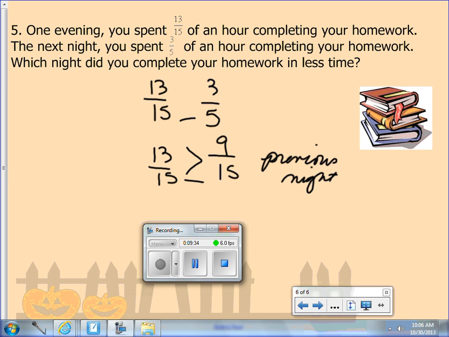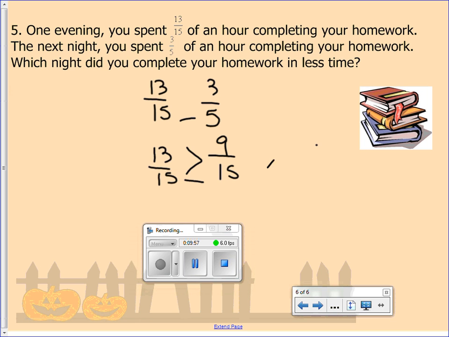Since 13 over 15 is greater than 9/15, 9/15 would indicate the least amount of time, so it would be the second night that you spent the least amount of time doing your homework.